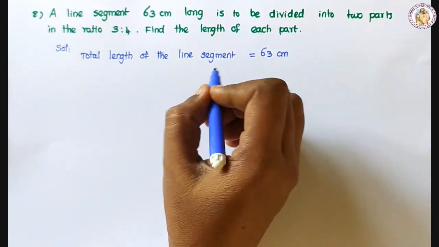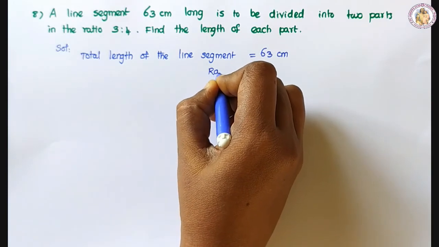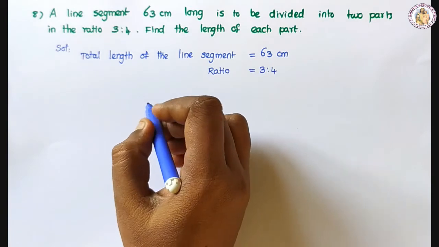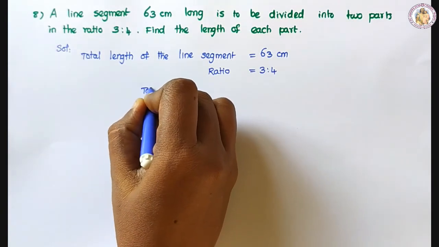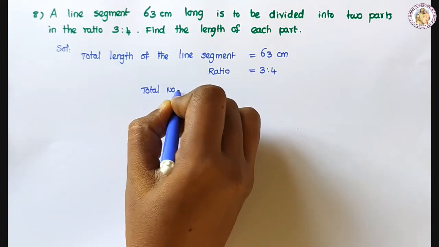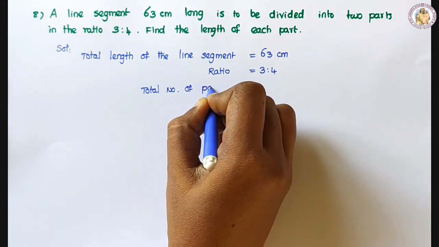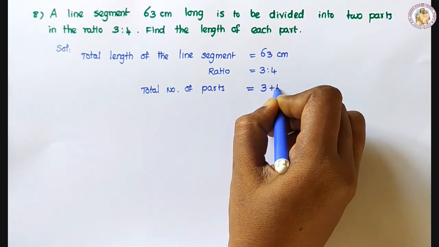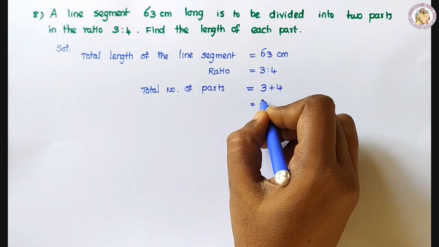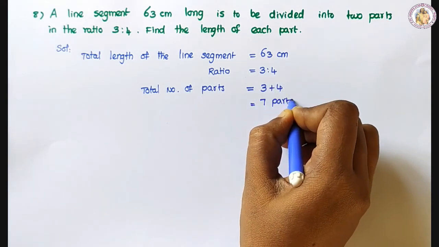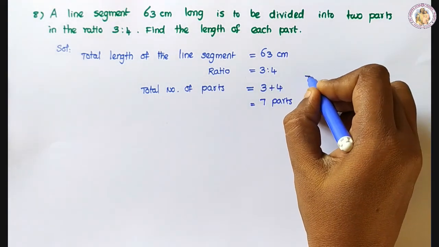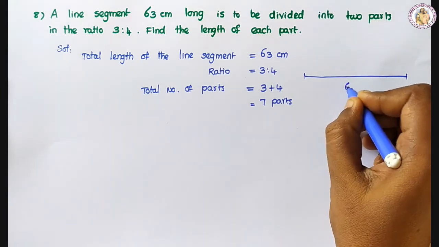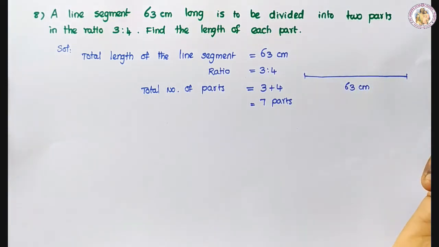It is divided into two parts in the ratio how much? 3:4. So total number of parts we want to divide it, that is 3 plus 4, that is 7 parts.